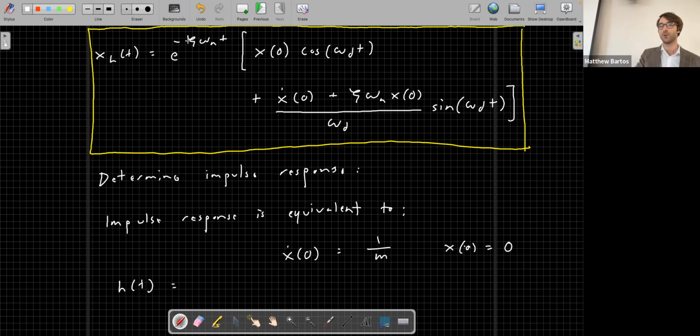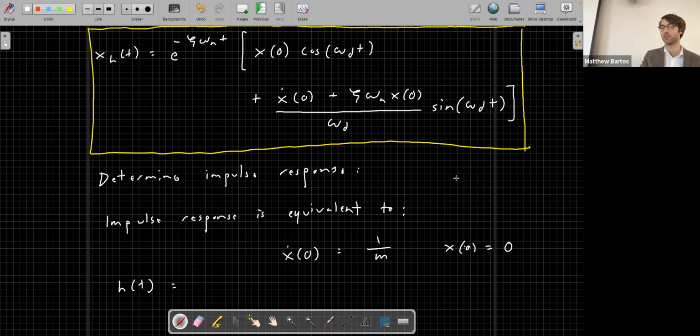Looking at our homogeneous solution here, it's equivalent to the homogeneous solution where x dot at time 0 is equal to 1/m and x0 is equal to 0.